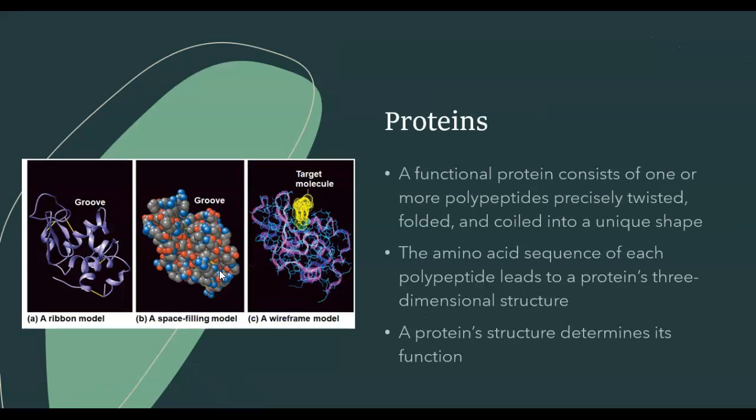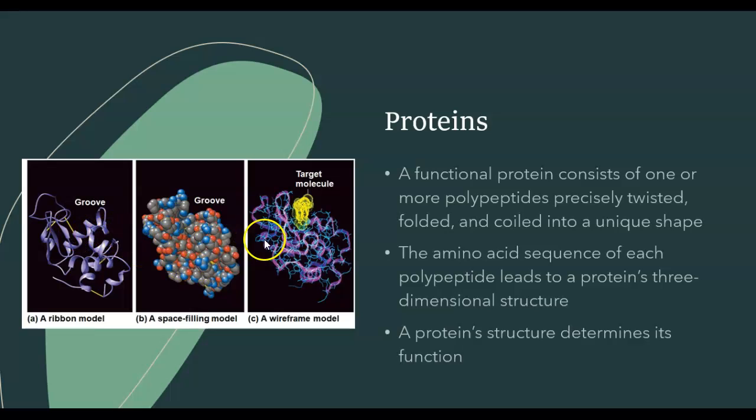A functional protein is made up of one or more polypeptides, and it's going to be twisted and coiled and folded into a unique shape. There are various ways that we represent this in pictures. Here's a ribbon model that shows you the various kinds of structure, these helices here, and the folded back and forth pleated sheets that you see there in the protein. A space-filling model is going to show you more what the three-dimensional shape of the molecule is going to look like.